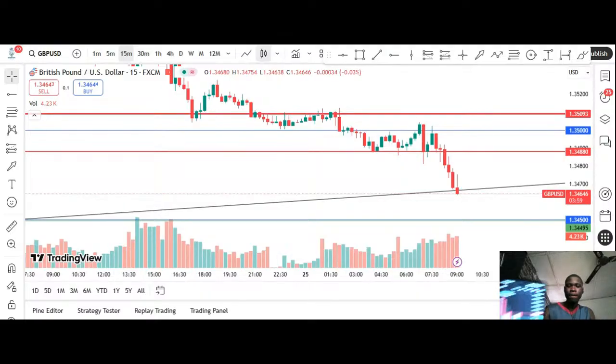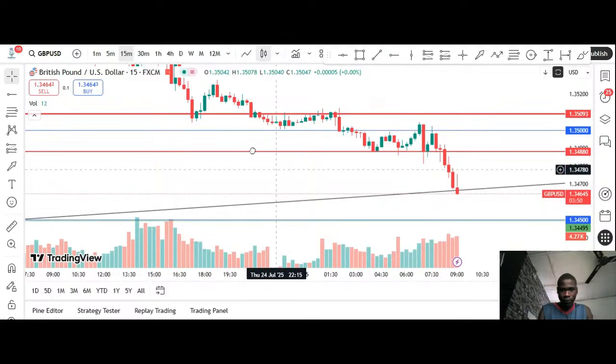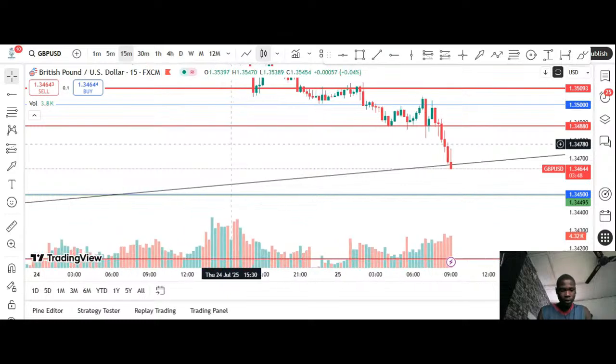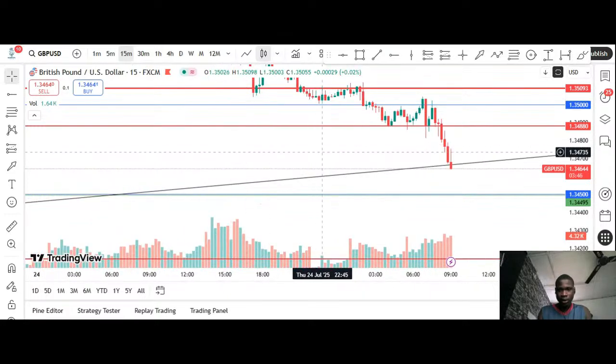Remember, don't force any trade. You just hold on and let the market do its thing before you enter. So you can't just enter this trade now because at that level it's a resistance. I mean, it's a trend line bounce, and also the RSI is very down.